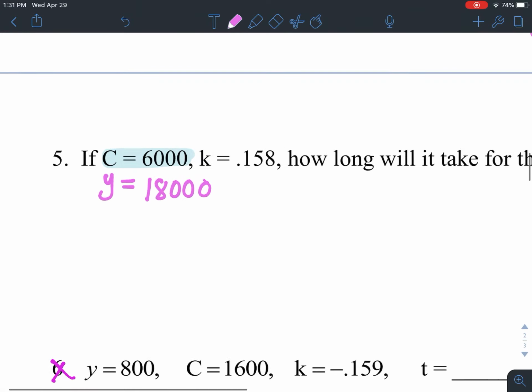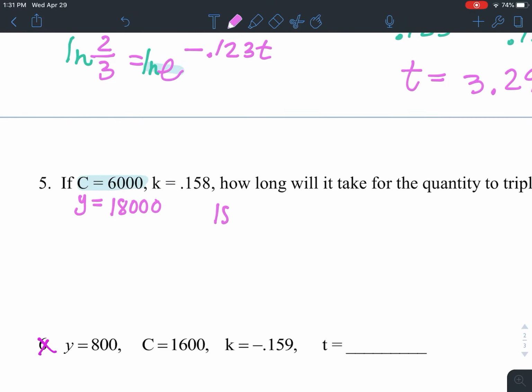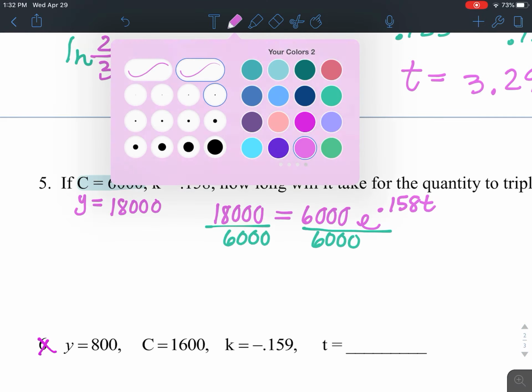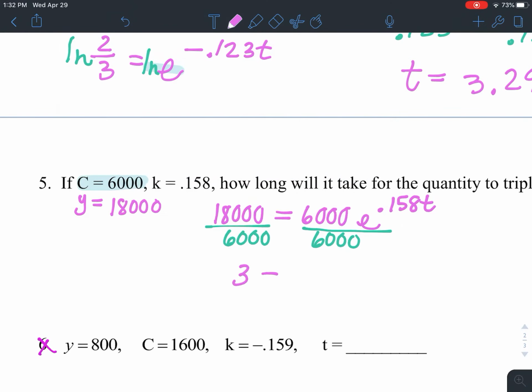So now you can set 18,000 equals 6,000 e to the 0.158t. Divide everything by 6,000. 3 equals e to the 0.158t.